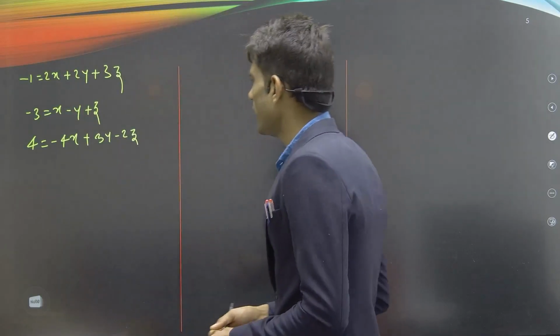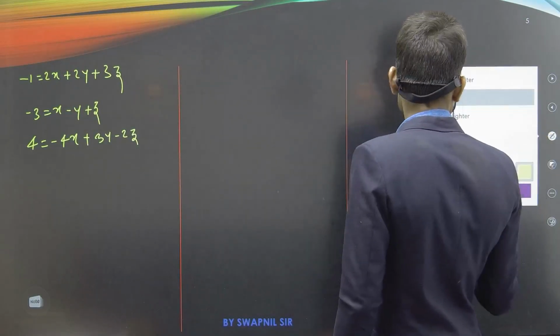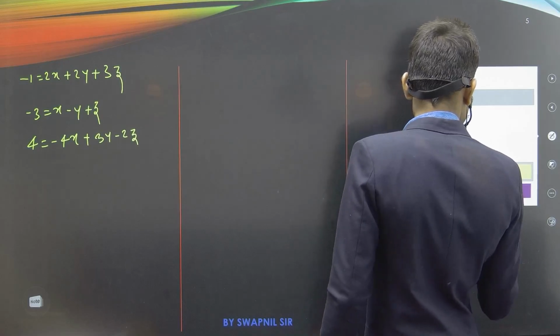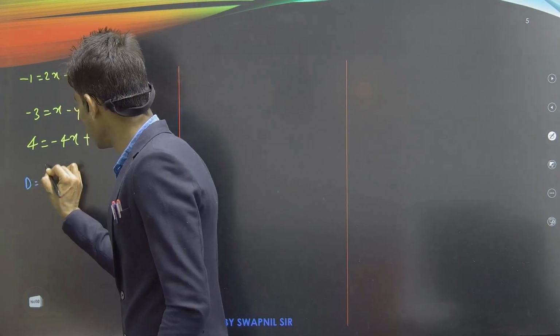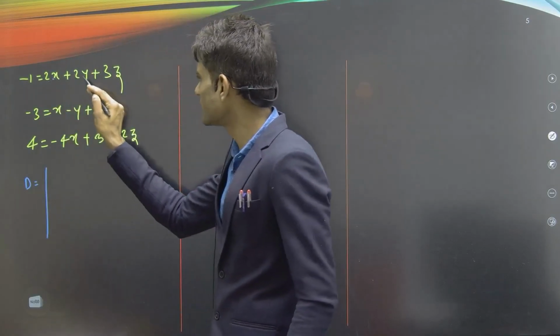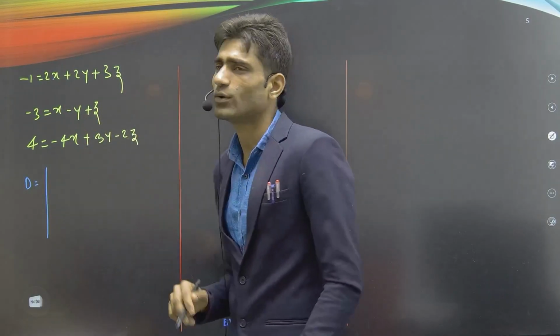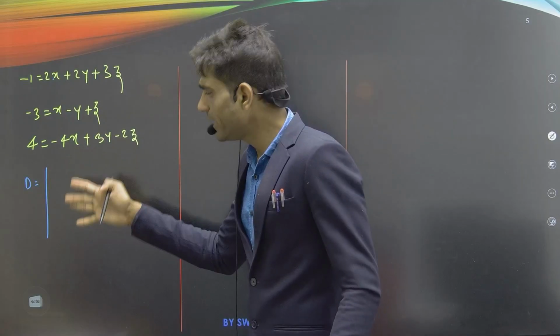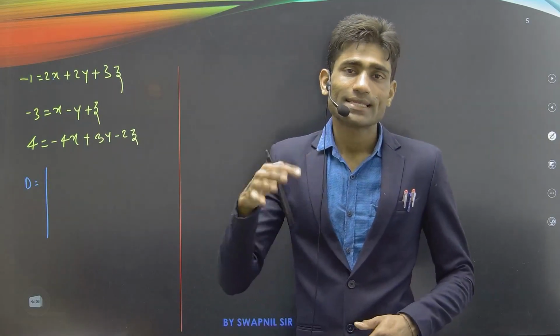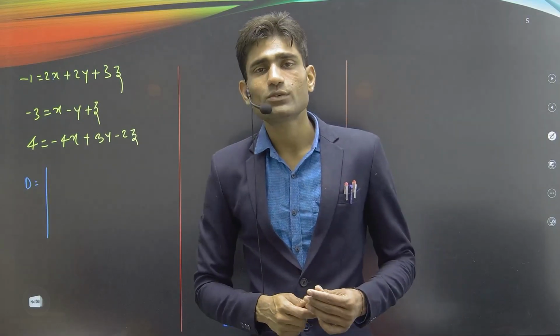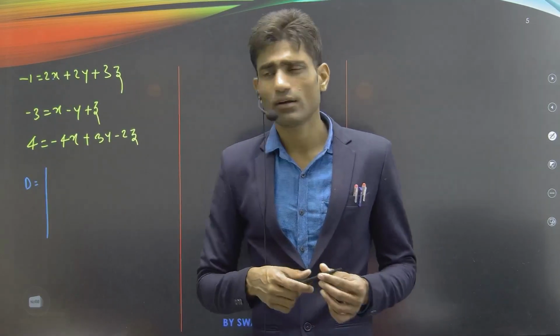So we will go for finding the determinant first. In the determinant, we write the coefficients for x, y, z. The first column is the coefficients of x, the second column is the coefficients of y, and similarly the third column.